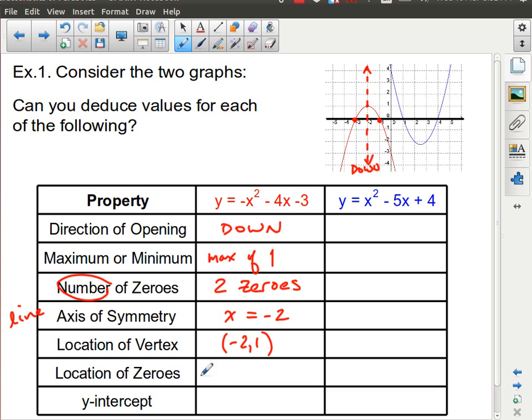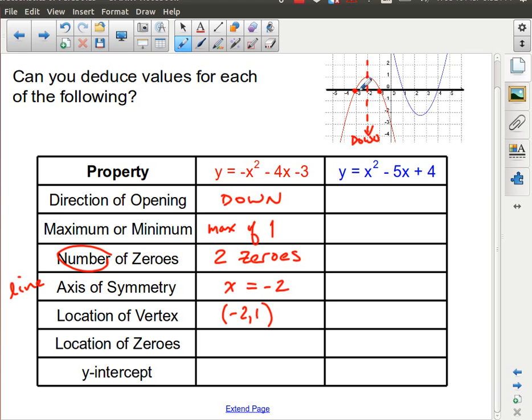The location of the zeros. Sometimes you could refer to these as points, and that would be perfectly fine. So this would be the point -3, 0, and the other one is at 1, 0.